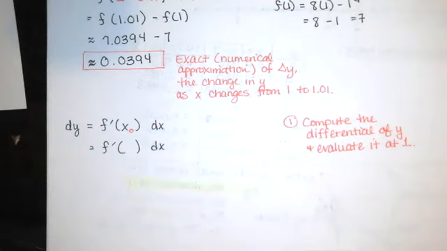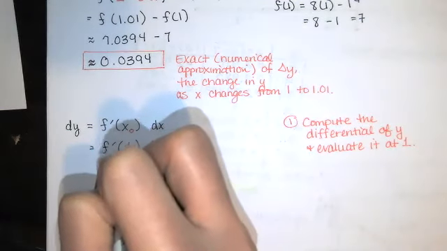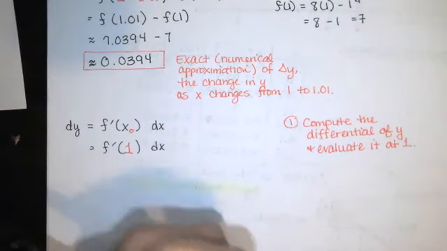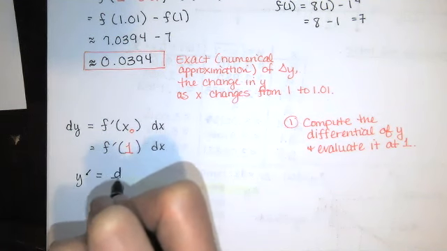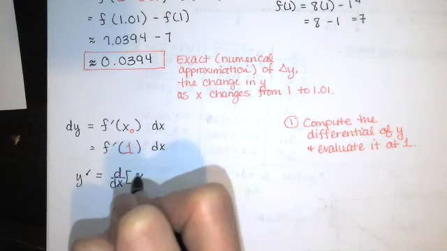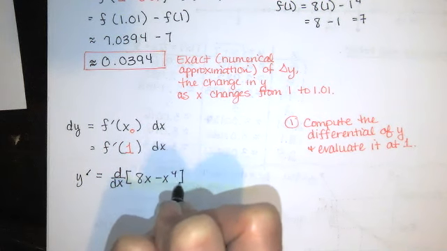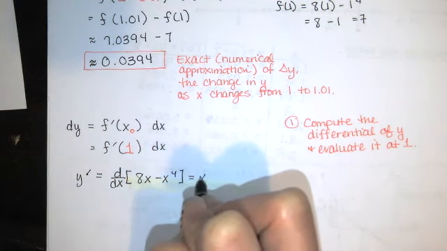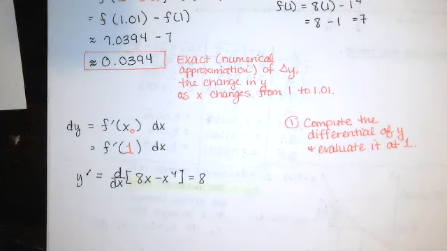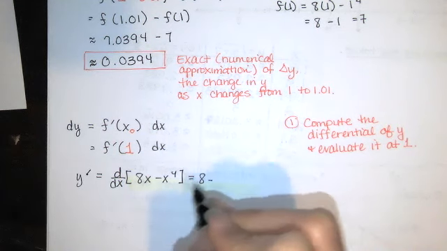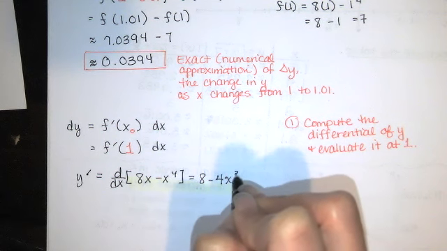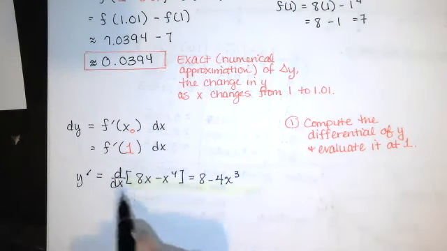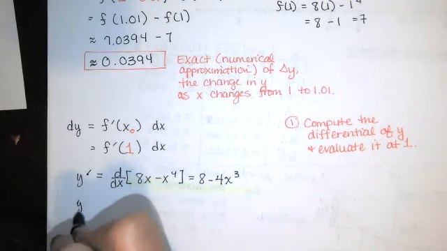Okay, so I'll compute the derivative. Derivative of a constant times x is just my constant. The derivative of x to the fourth, well, first I bring my negative down, then I bring my 4 down, and multiply by x to the 1 less power, and then I evaluate that at 1.